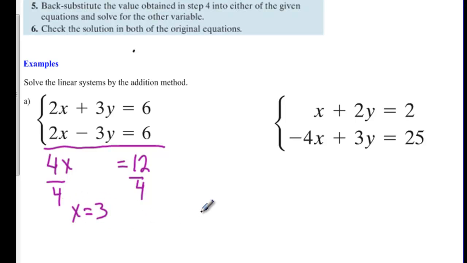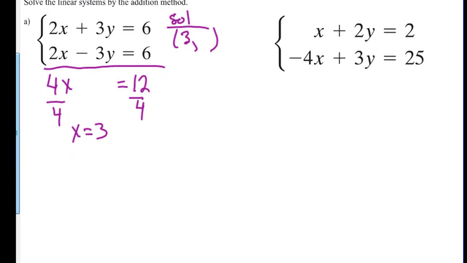We are not done, okay? This is a system of equations. It's got an x and a y. So far, we know that the x is 3. We have to figure out what the y is. To figure it out, all we have to do is plug it back in. Plug x equals 3 into either equation, and if you want to double check, plug it into both equations.